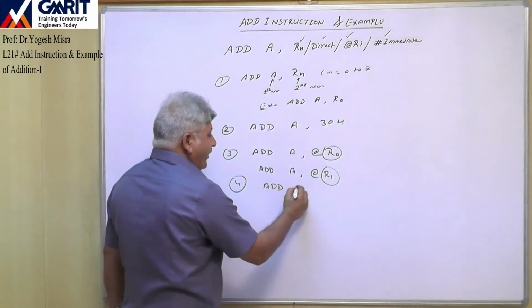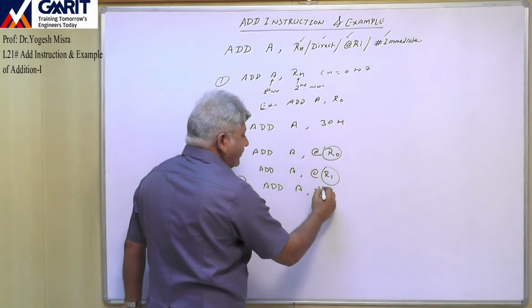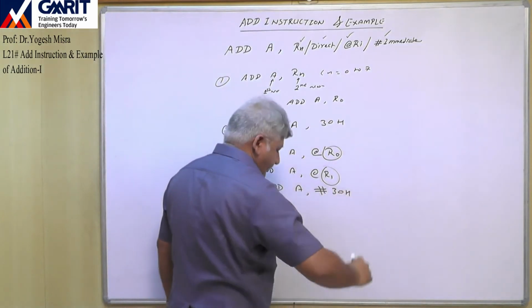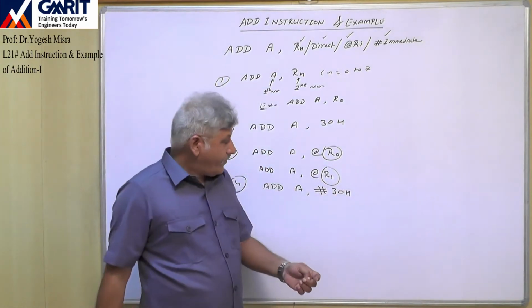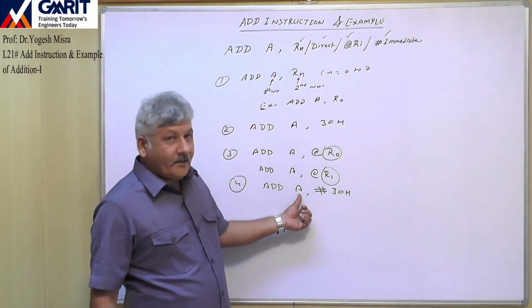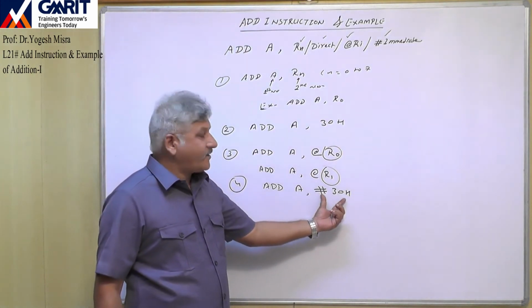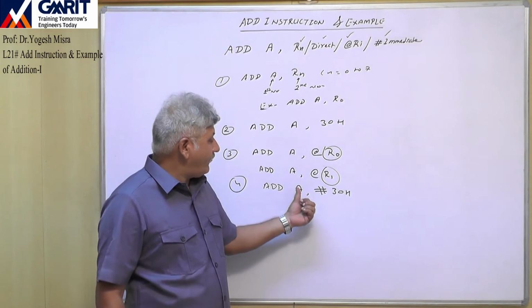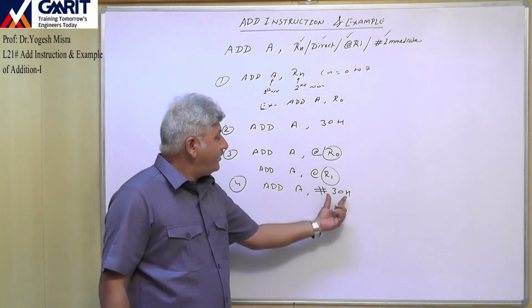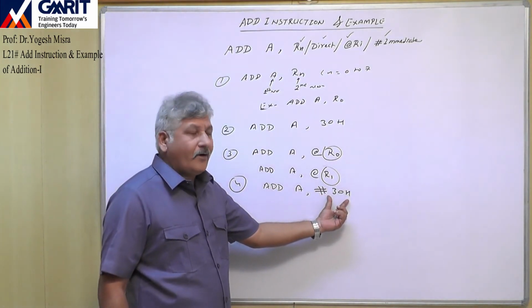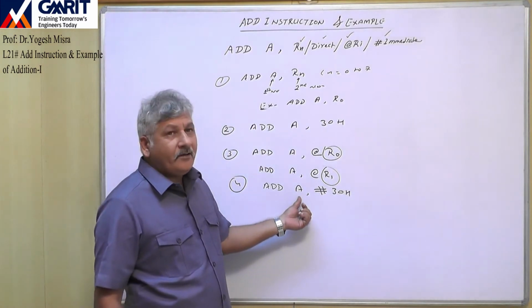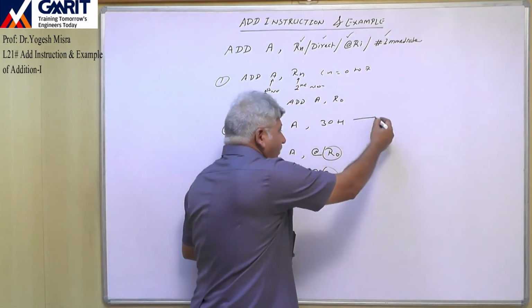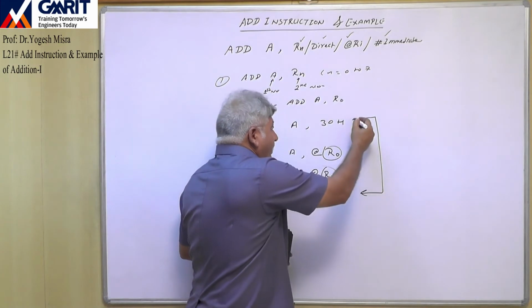Now the fourth form of this instruction is with the immediate number addition: add A, comma, #30H. Now the first number is in A register and this is your second number. The content of A will be added with 30H, and whatever is the result will be stored in A. Just see these two instructions.